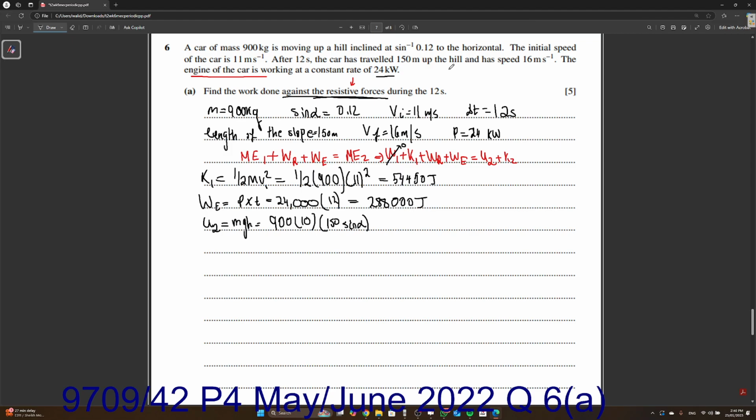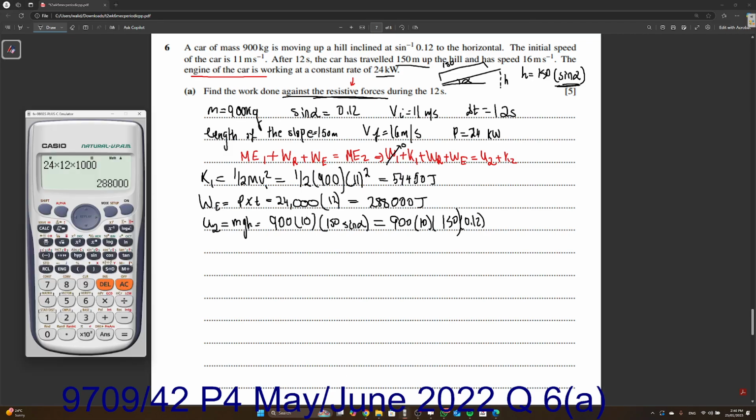The common mistake for this question is that people will take 150 as the height. Why? This is the hill. It's like this. 150 is the length of the slope. We know this is alpha here. So to find the height, height is equal to the length of the slope times sine of the angle. And we know the sine of the angle in this case is 0.12. So it's going to be equal to 900 times 10 times 150 times 0.12.